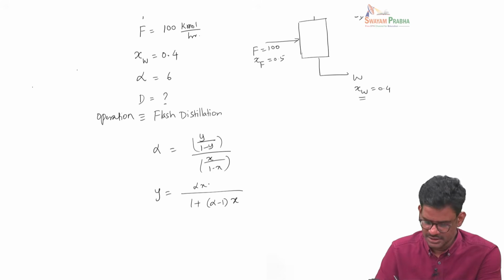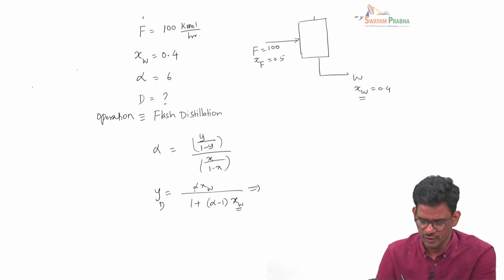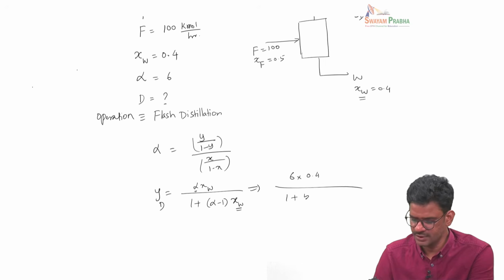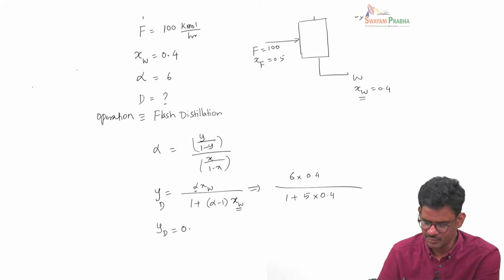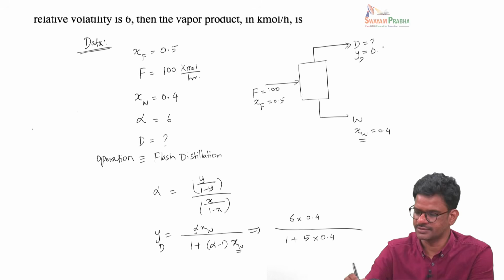Sorry, this is x, and then we can write this for yD and xW. So in this equation, we know xW, we also know alpha. Let's substitute that. So alpha is 6 times xW is 0.4, 1 plus alpha minus 1 is 5 times 0.4. So if you solve, you will get yD is 0.8.